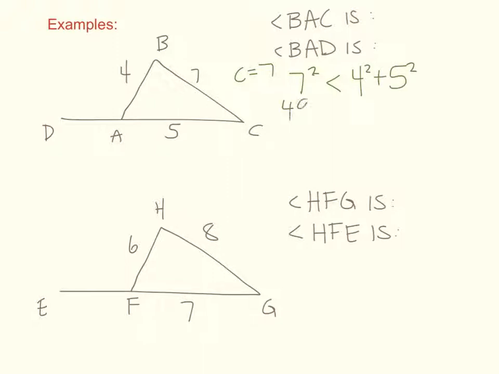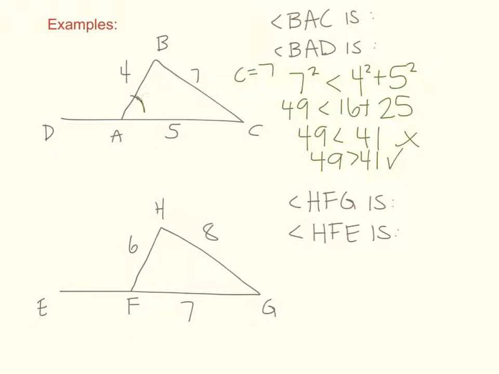Well, let's see, 49, is that less than 16 plus 25? Well, 49, is that less than 41? No, it's actually greater than 41. So that tells me that this angle in here is actually obtuse. It doesn't look like it, but it is. Now, if this angle is obtuse, what does that mean this angle is? That has to be acute.